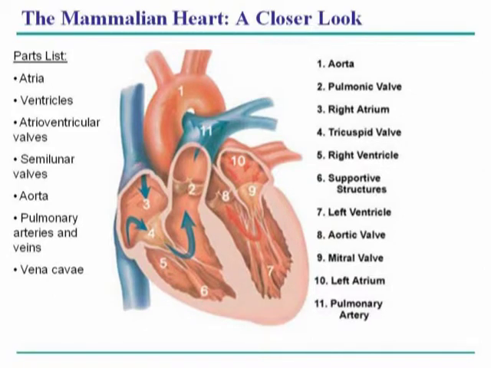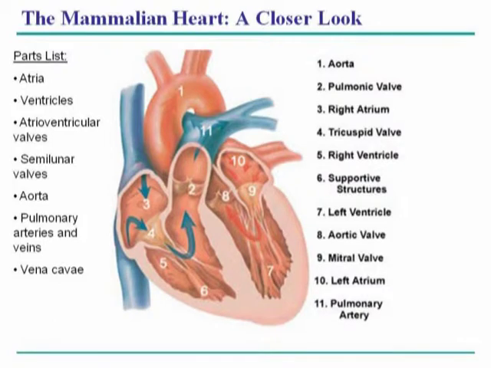We call this structure the pulmonary vein. The oxygen-rich blood goes to the heart again because a vein is the blood vessel that returns blood to the heart.